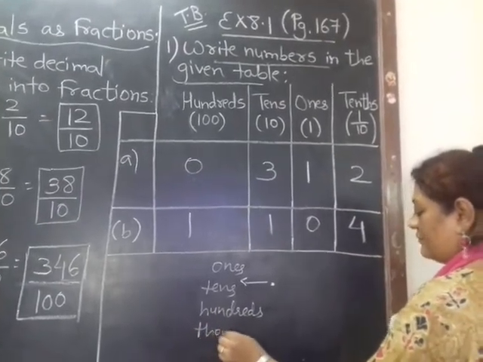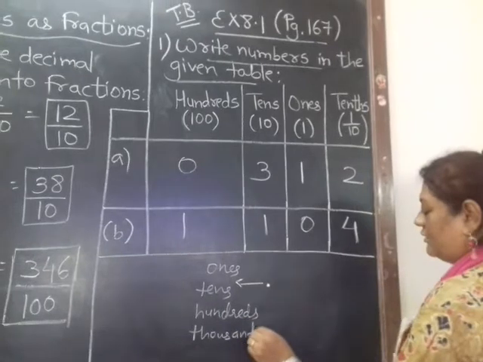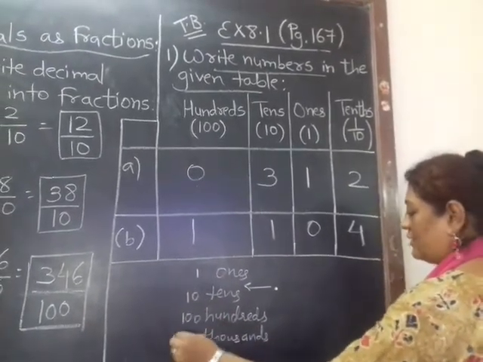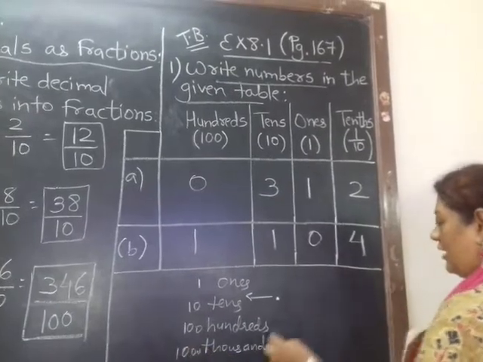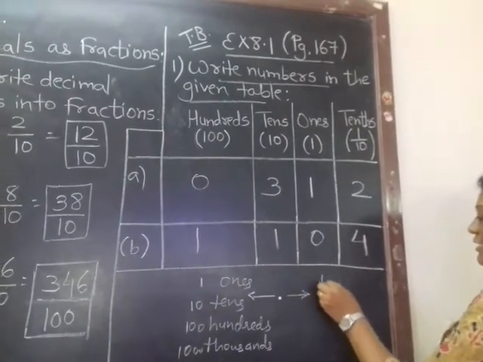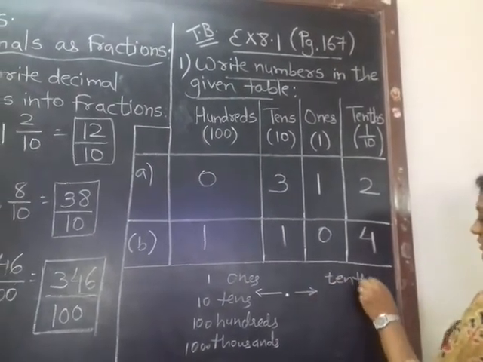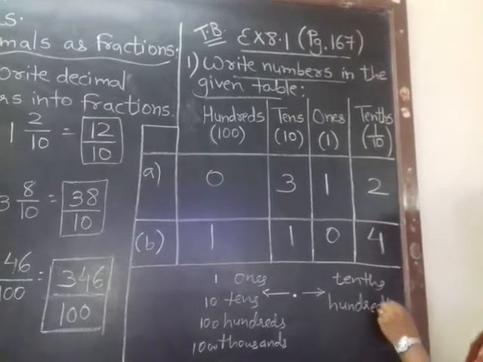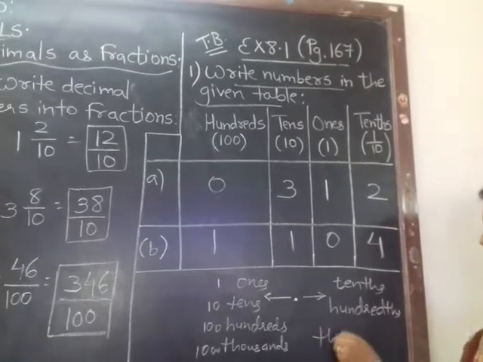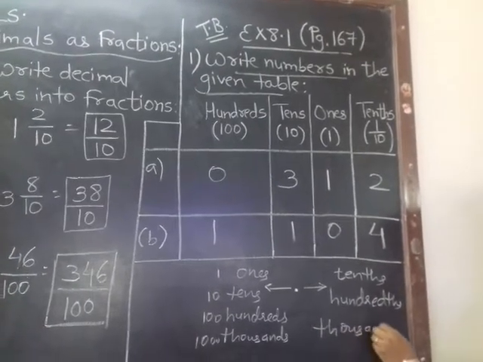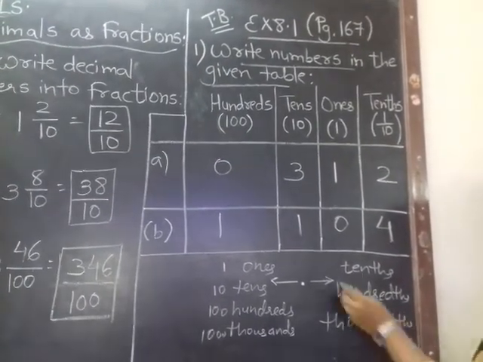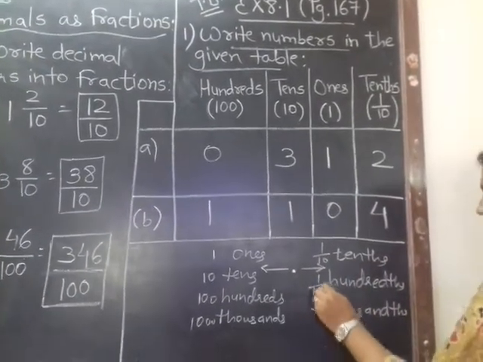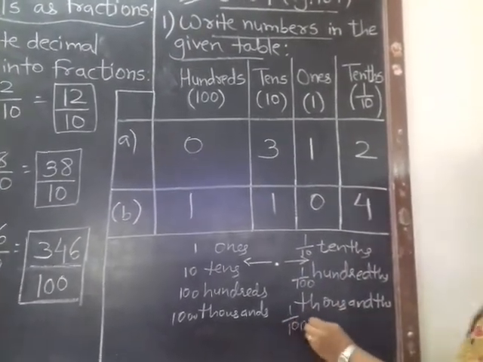Thousands, that you all know very well. 1, 10, 100, 1000. Clear? But after the decimal we have tenths, hundredths, thousandths. We cannot write 1, 10, 100. We have to write 1 upon 10, 1 upon 100 and 1 upon 1000.